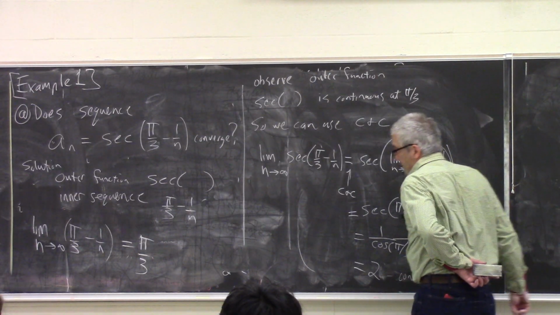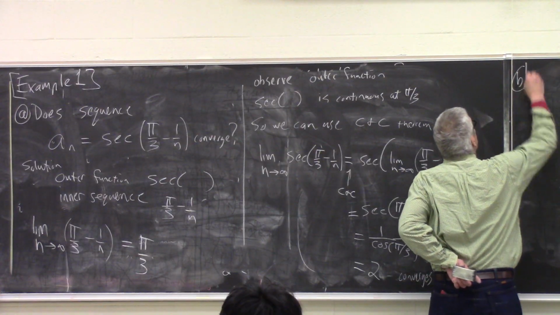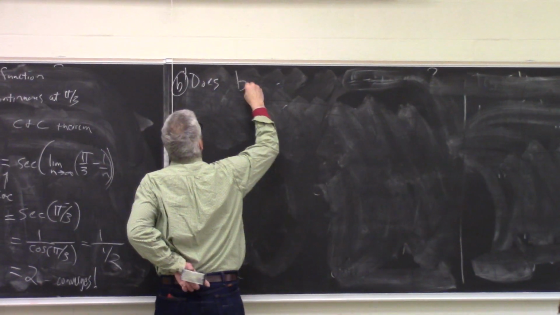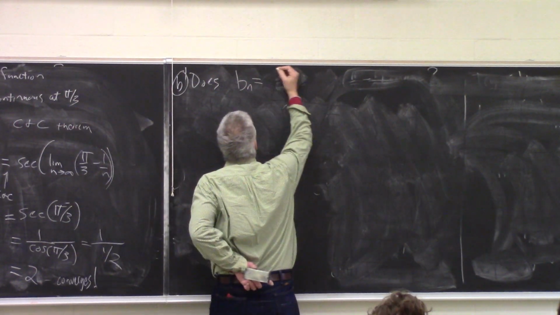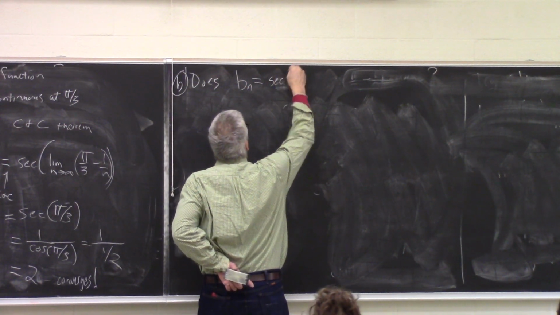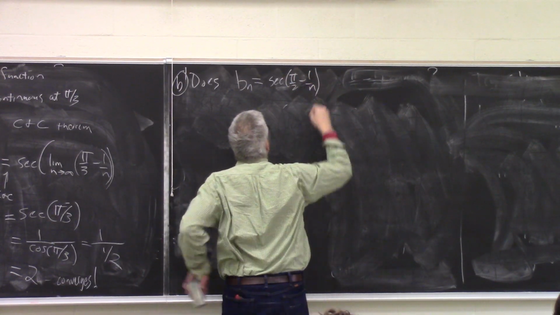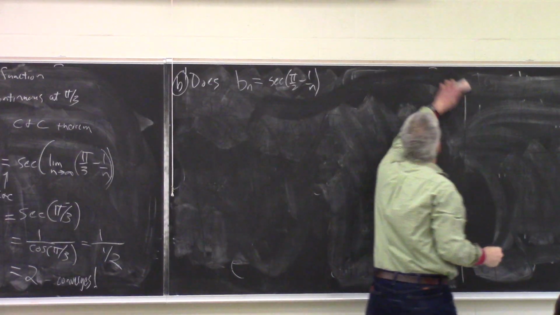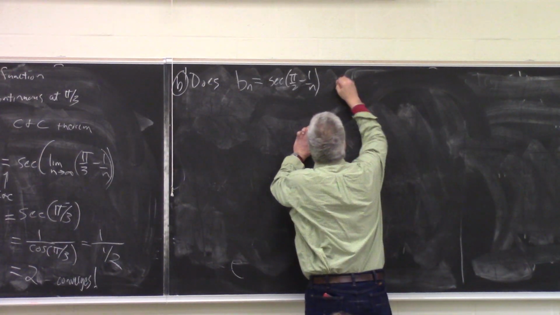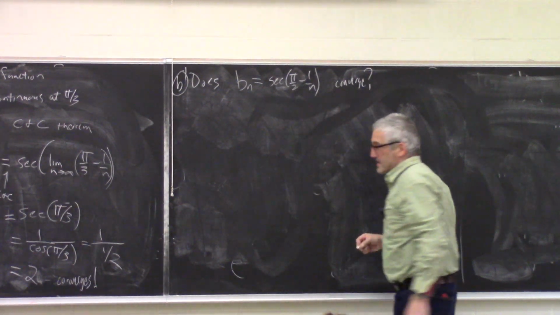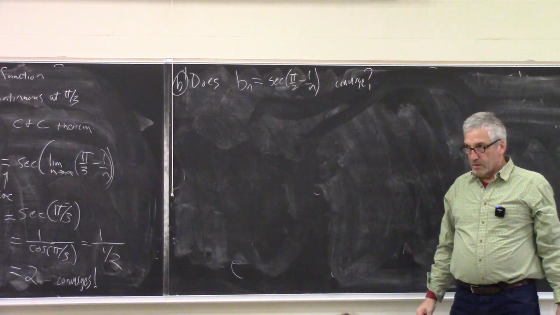Okay, B. Does this sequence, b subscript n equals secant of pi over 2 minus 1 over n, does that converge? Yeah, Jace?